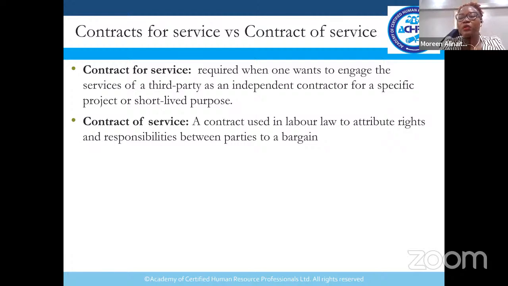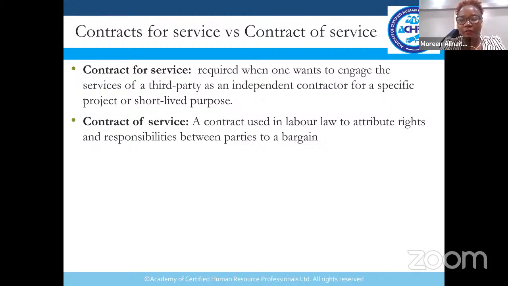There are short-term contracts of service, which are also governed by employment law, but the employer must be directly or indirectly supervising the employee. That's the difference between this one and a contract for service, because in a contract for service, you will not be directly supervising the person who is doing the work.